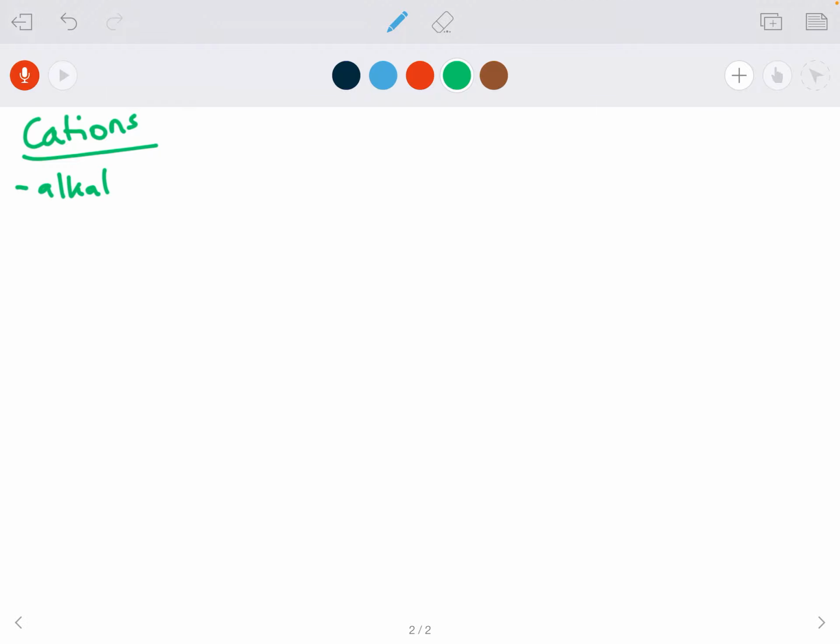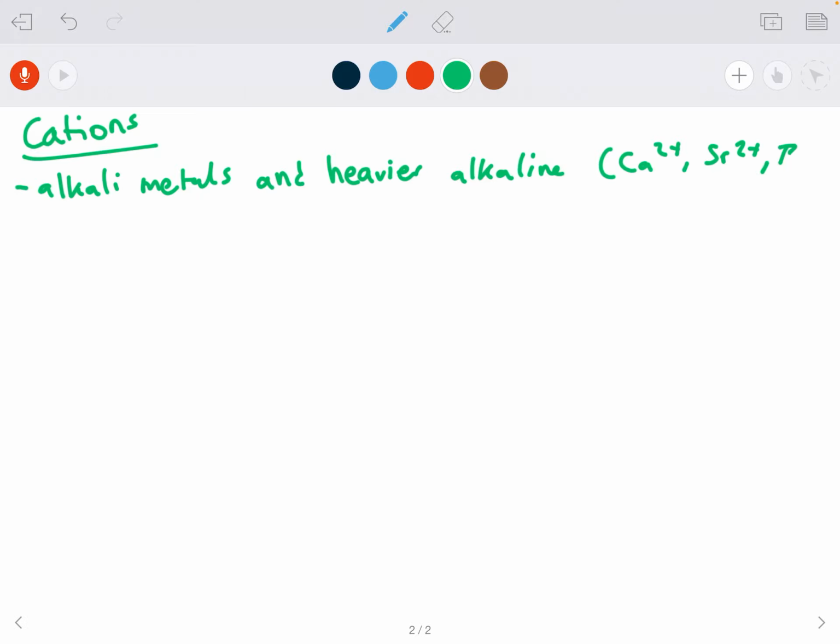So alkali metals and the heavier alkaline earth metals, so that would be calcium, strontium, or barium, are non-acidic, right? Meaning they don't react with water.